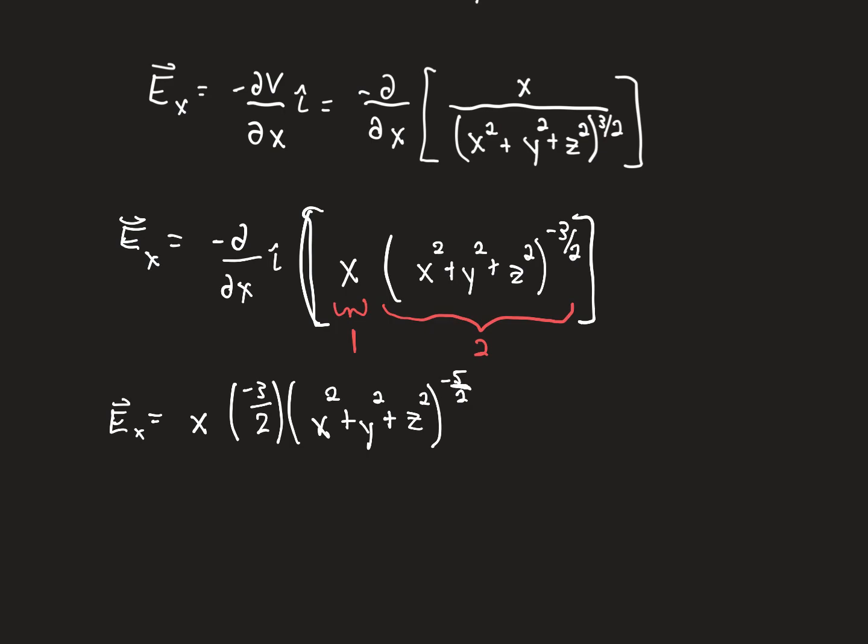Then, the thing that people always forget to do, you have to come inside of the parentheses and take the derivative of everything inside the parentheses. So what's the derivative of x squared plus y squared plus z squared with respect to x? 2x. Okay.